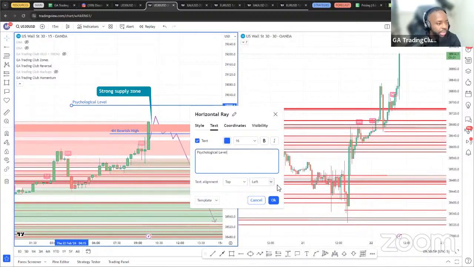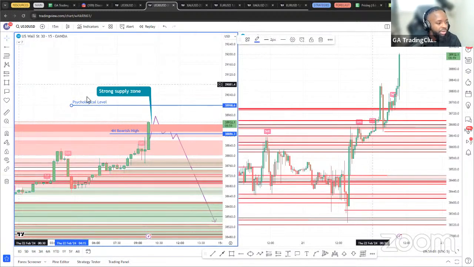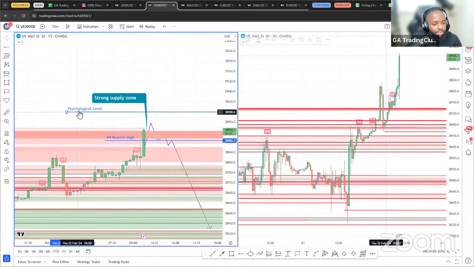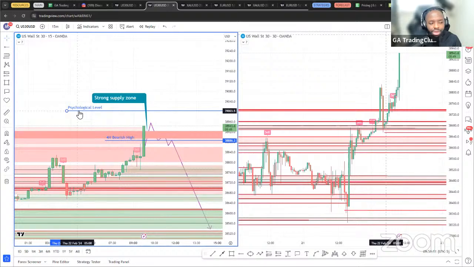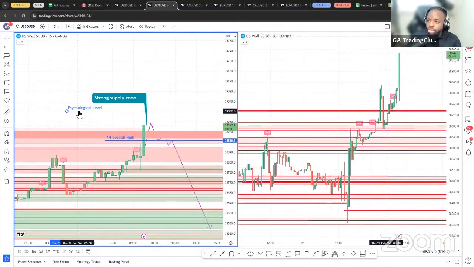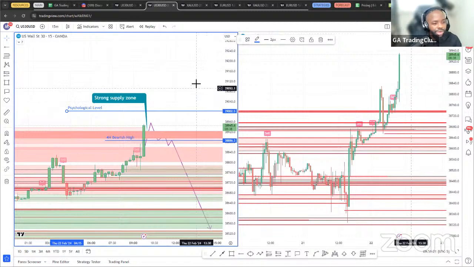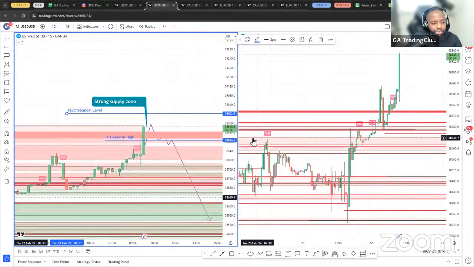Now, as much as it's a psychological level, of course, the smart money or market makers know that. Then normally they would pump it up maybe 100 points above, I would say 200 points above the psychological level. So if it does break that area, then from 39,000 they can bring it all the way to 39,200 before any reversal.